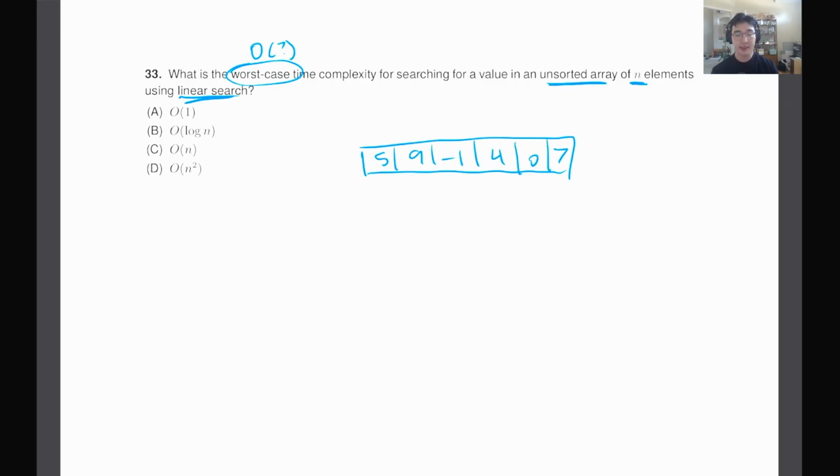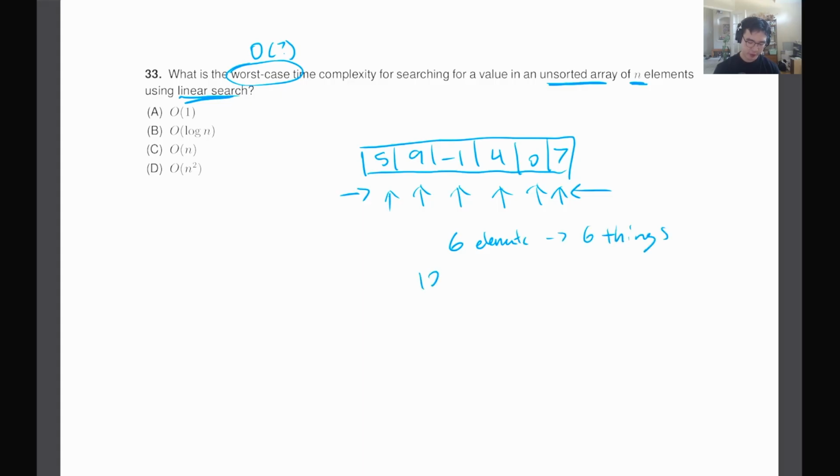Linear search means you start either at the beginning of the array or at the end, going through element by element. So you look here and then there, and so forth. If you have 6 elements in your array, you have to look at 6 things.